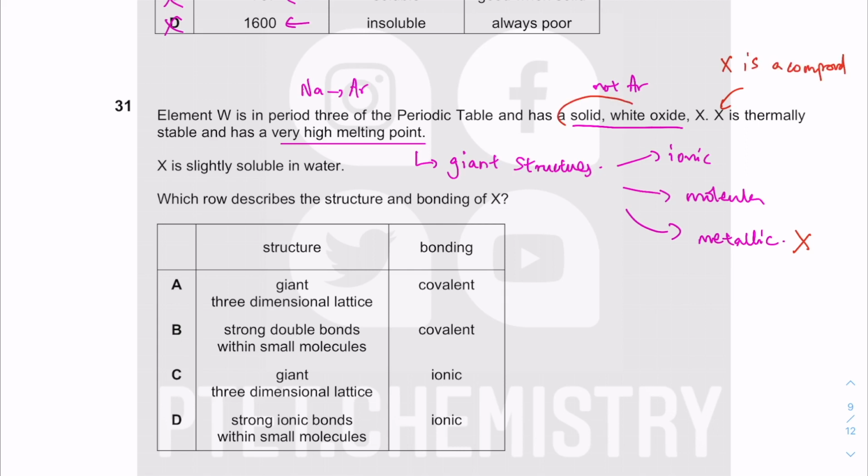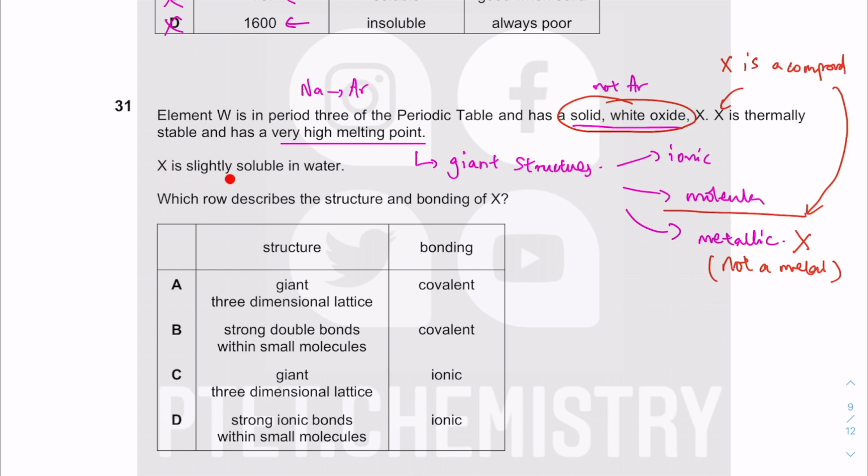X is a solid white oxide, between an element and oxygen. This element is in period 3, oxygen is in period 2, so it cannot be oxygen bonded with oxygen, right? So X is a compound, therefore not a metal. That is why it must be giant ionic or giant molecular.